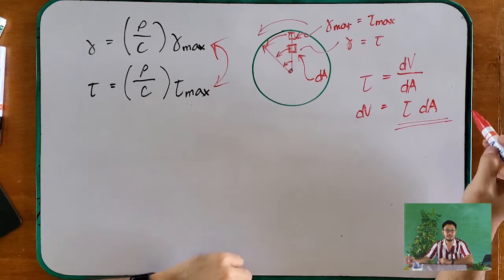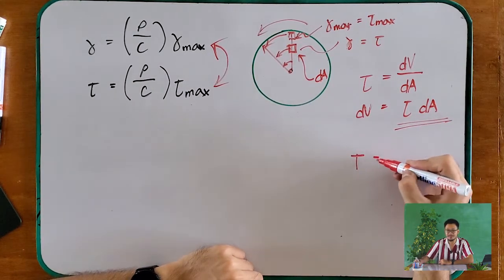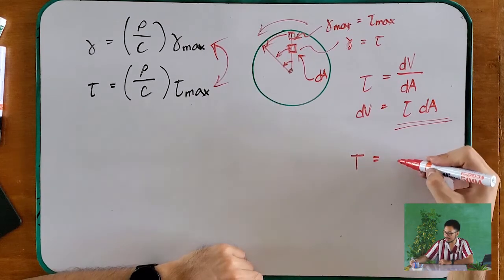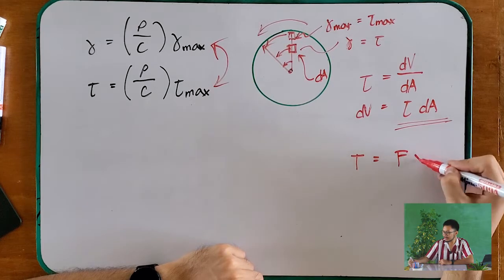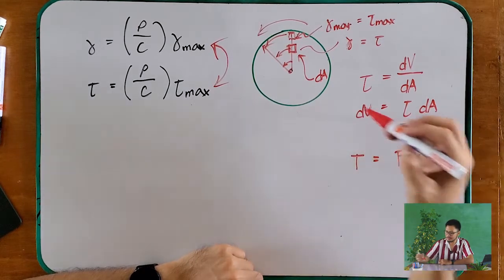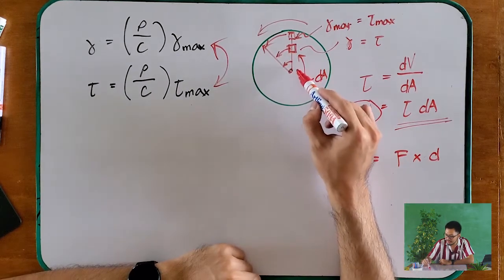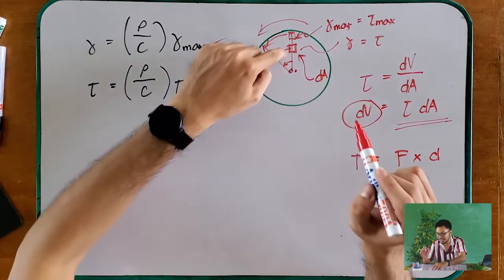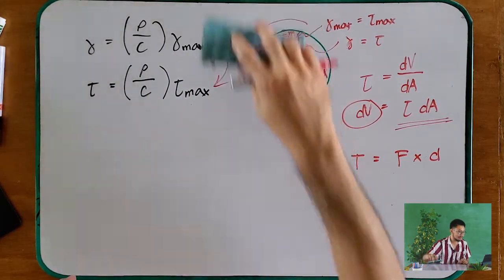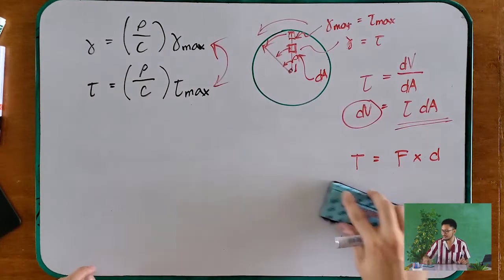And that is the formula for your differential force. But if you're looking for the torque, you remember that torque is the same as your moment, which is force times distance. The force is this dV, and then the distance is the distance from the center to the differential area, which is this. Okay? And the distance we called rho earlier, and let's still use your rho.